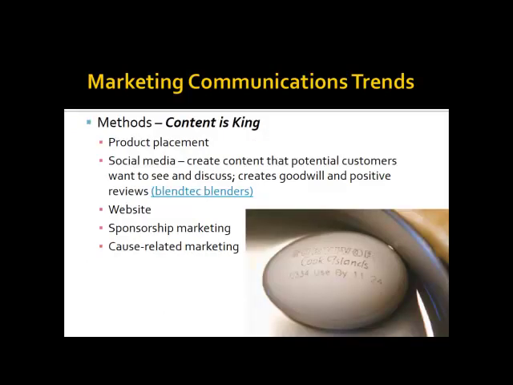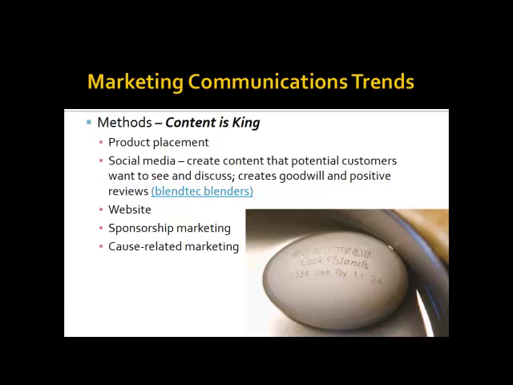The key to content marketing is content, giving people interesting stuff to consume, whether it's video, a blog, pictures, graphics, how-to, connection with other people who have similar interests. That's what really works.